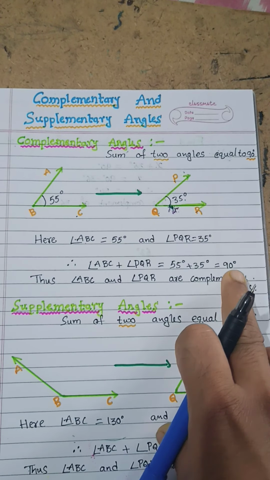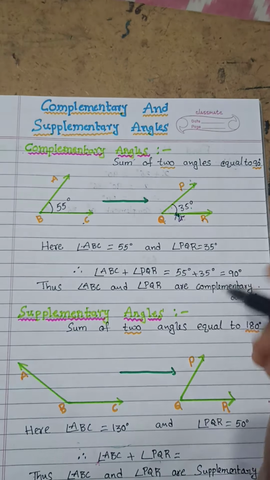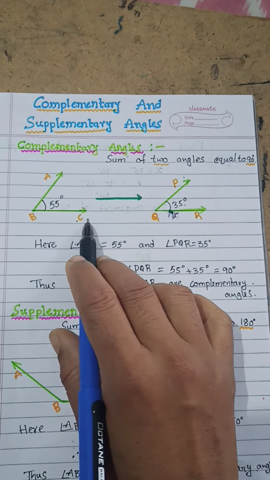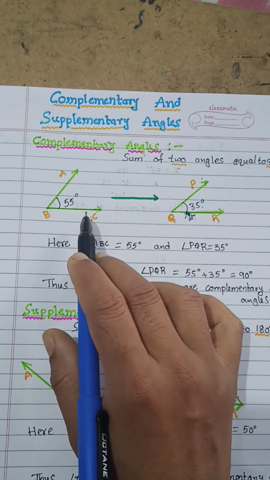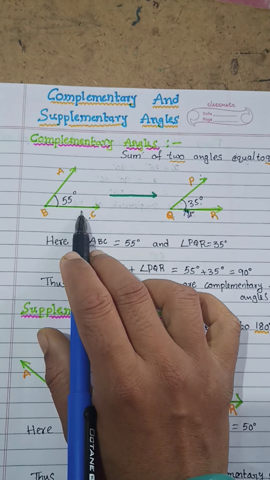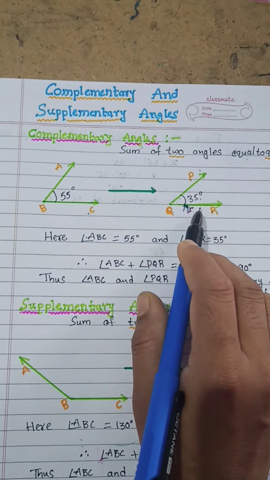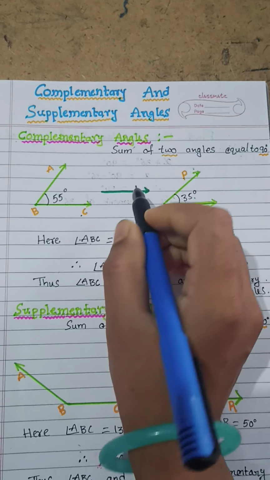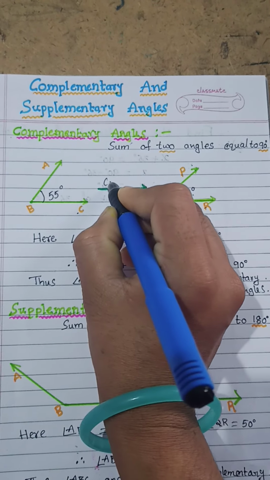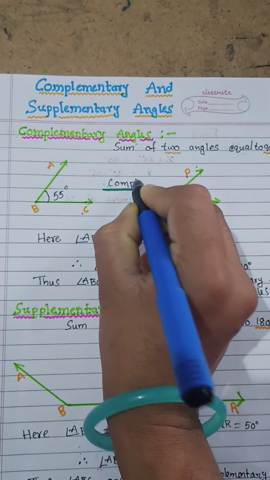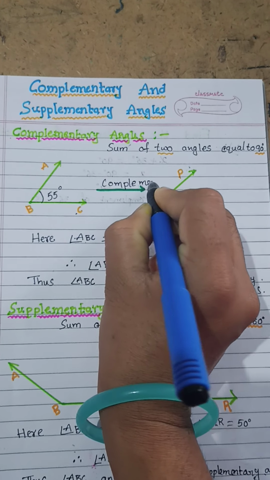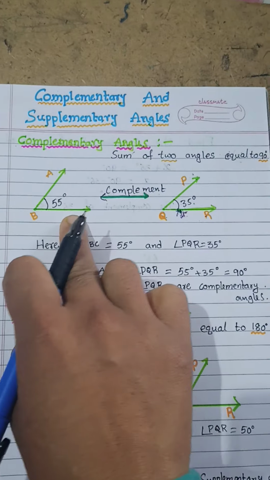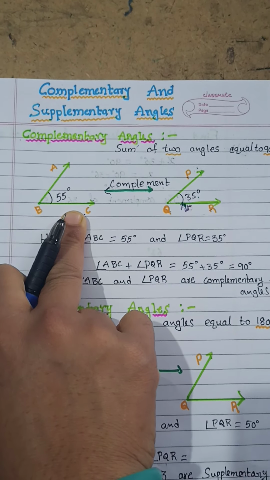When we have two complementary angles, each angle is called the complement of the other. Here 55 is the complement of 35, and 35 is the complement of 55.